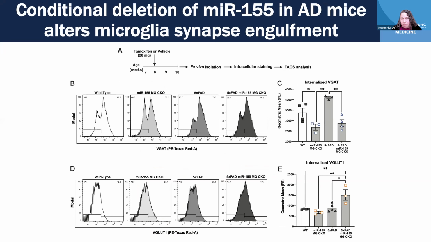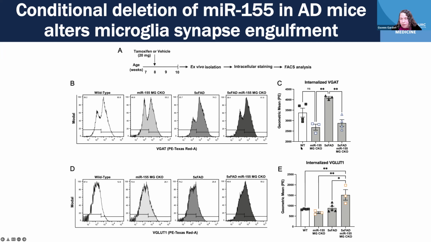So what we did was we isolated the microglia from these mice, and this particular figure is from the 5XFAD mice, which we used because they had better survival, they had fewer seizures and much less mortality, but they had the same result of decreased A beta in the brain after microglia had miR-155 removed.